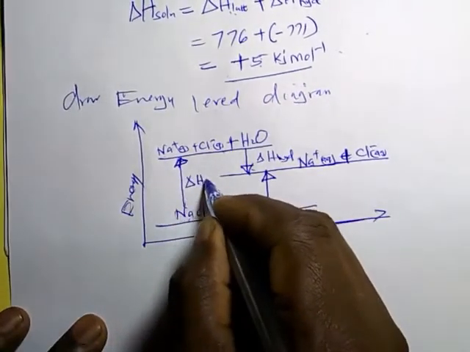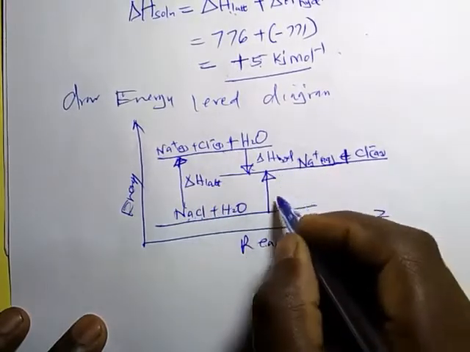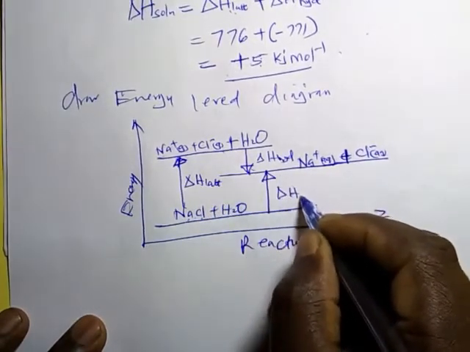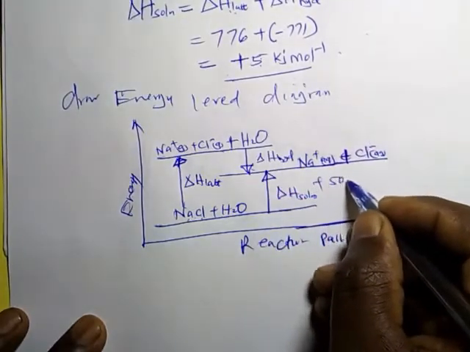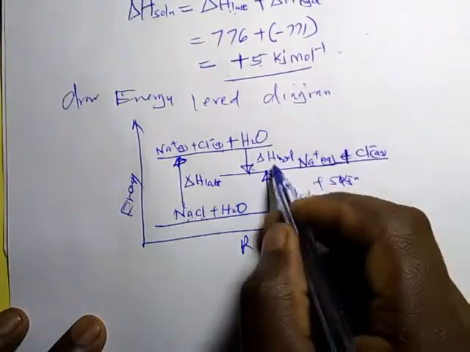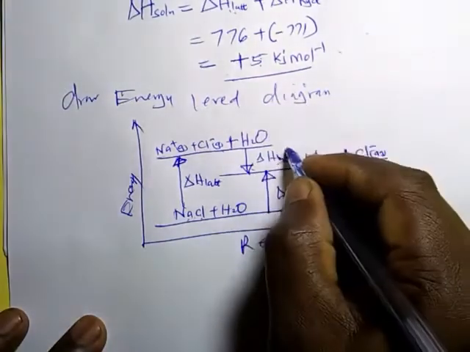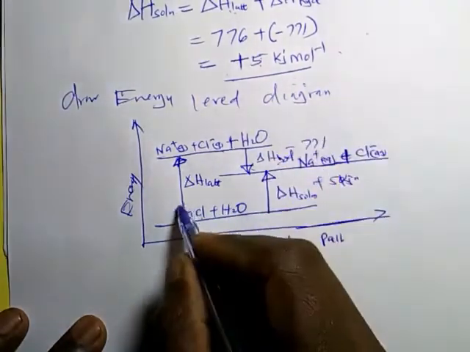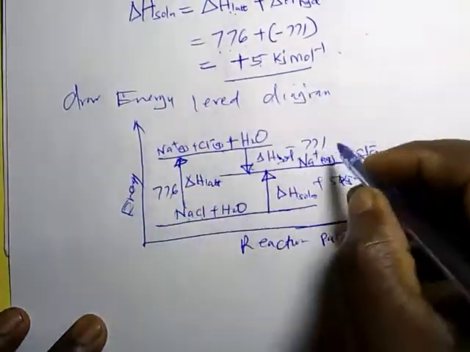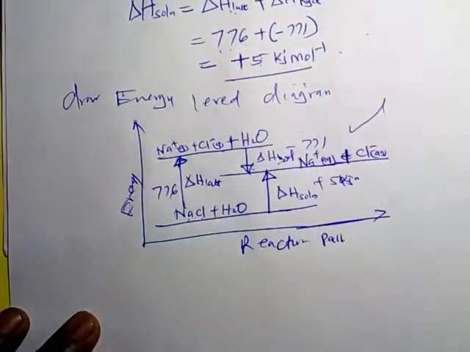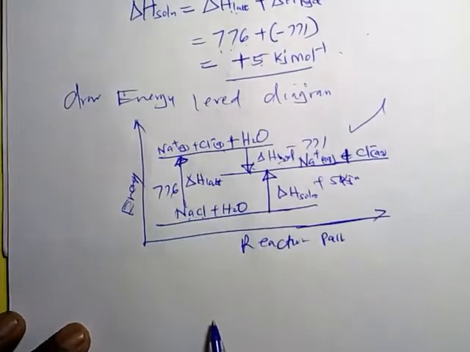This one is enthalpy of lattice, hydration, and this one is enthalpy of solution. In this case it is positive 5 kilojoules per mole. Hydration is negative 771. Lattice is 776. And this is the energy level diagram for this.